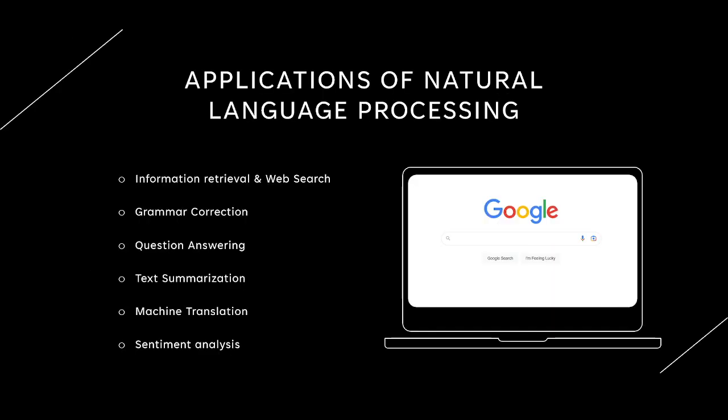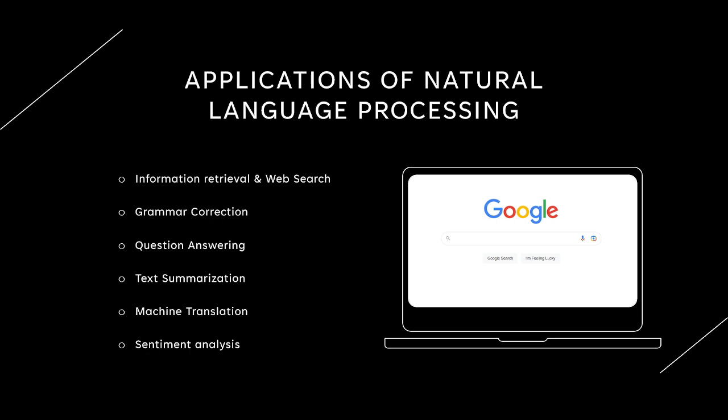Some applications of NLP are web search, which can be done in Google, one of the most famous search engines right now. Then grammar correction. Grammar correction can happen now in smartphone keyboards, we can say. Then question answering.